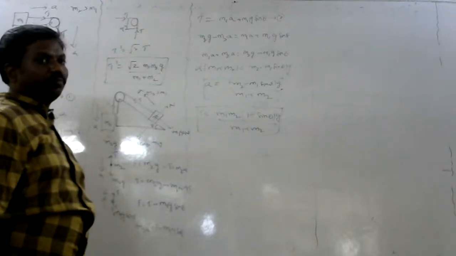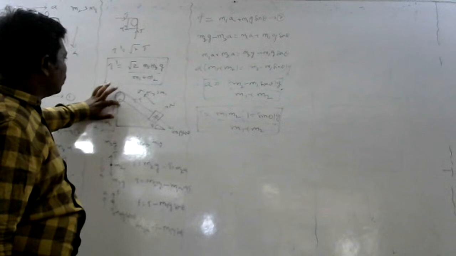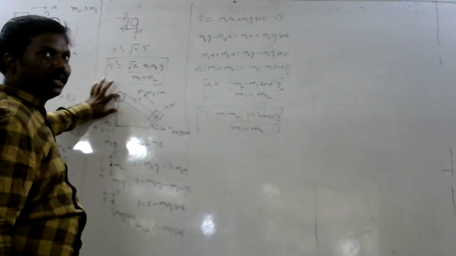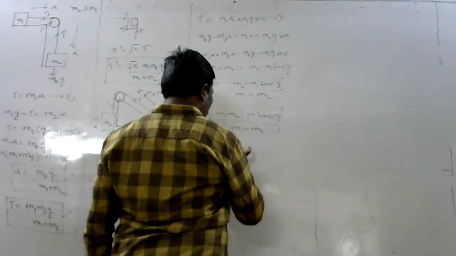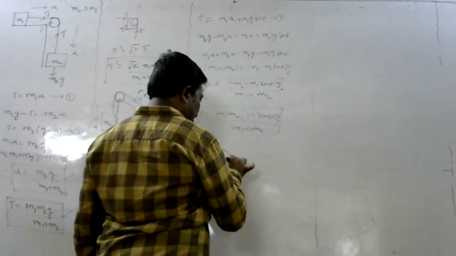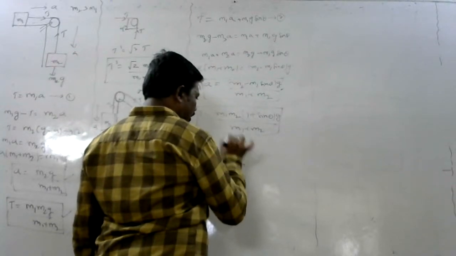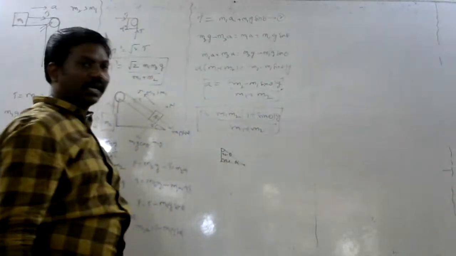Here also find the tension on the pulley, or force on the pulley. Here we have two forces and angle theta. This is 90 degrees and the remaining angles are 90 minus theta.